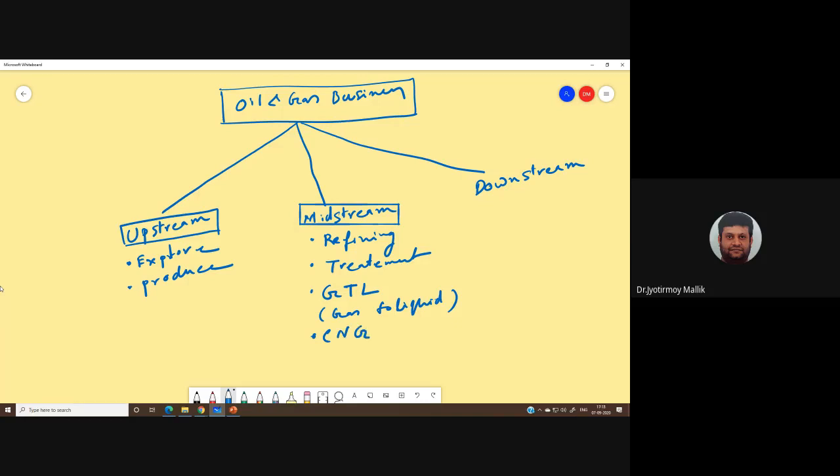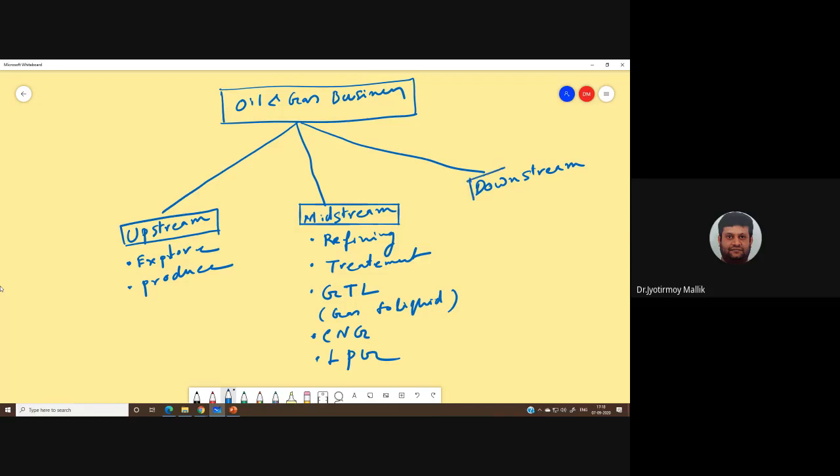So you have natural gas, and you store such natural gas by compressing it at high pressure and putting it in cylinders like the one that we use for our cooking gas, right? This is what we call the midstream of the business. Upstream is exploring and producing. Midstream is refining, treatment, gas to liquid, compressed natural gas, LPGs. All these things are midstream.